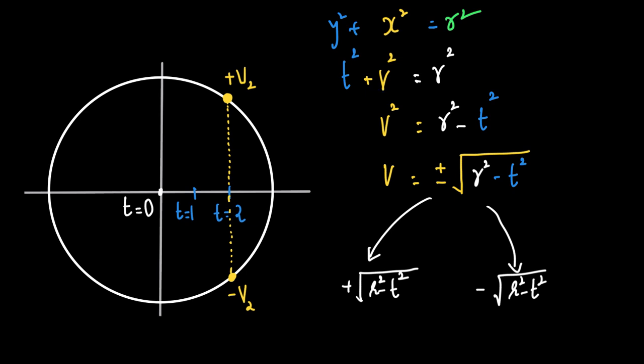So we have t square plus v square is r square, and therefore v square is equal to r square minus t square, and v is therefore plus or minus root of r square minus t square, which actually gives us two values: plus root of r square minus t square and minus root of r square minus t square.